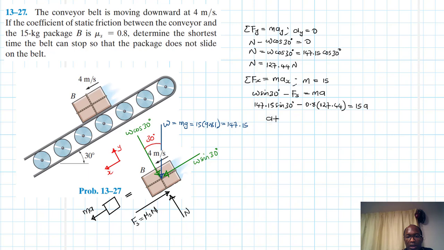So therefore our acceleration is equal to 147.15 sine 30 minus 0.8 times 127.44, divided by 15. So acceleration is equal to minus 1.8918.